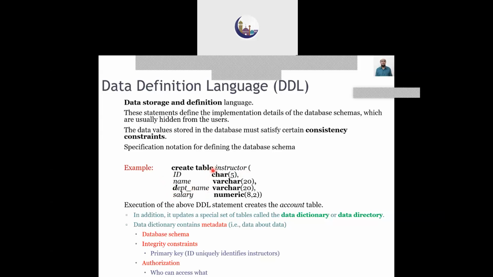This meaning or semantics will be stored inside another meta table called the data dictionary, or sometimes also called the data directory. Whenever the next time the word instructor is typed in the SQL prompt, the SQL compiler will look into the data dictionary and get to know what this instructor is. It's a table containing these values.